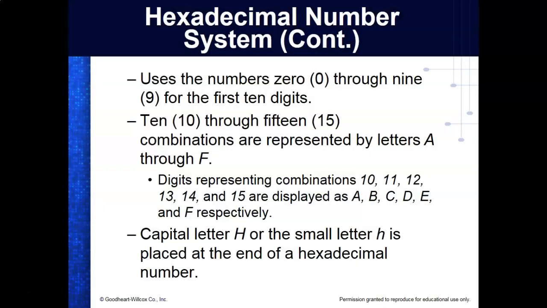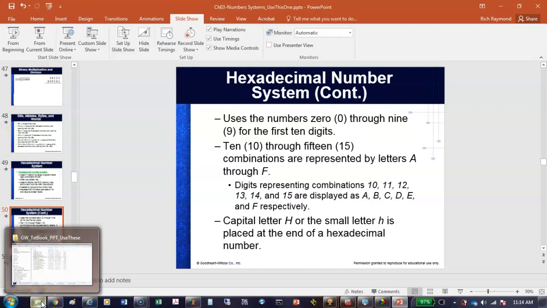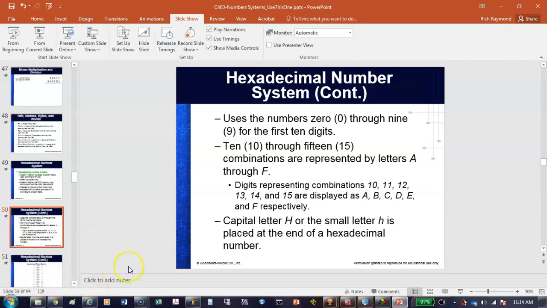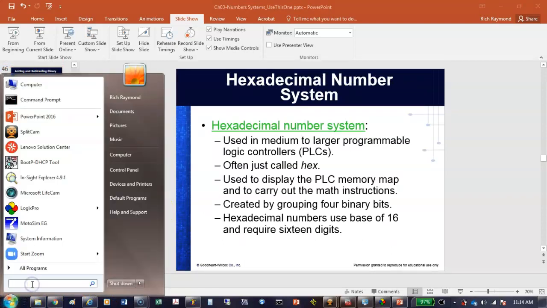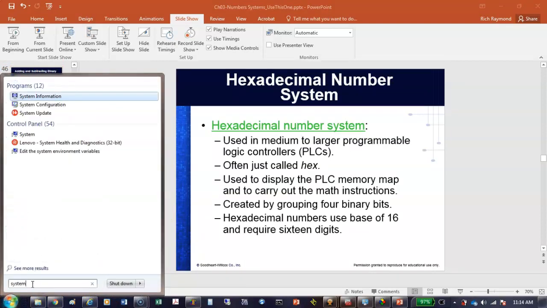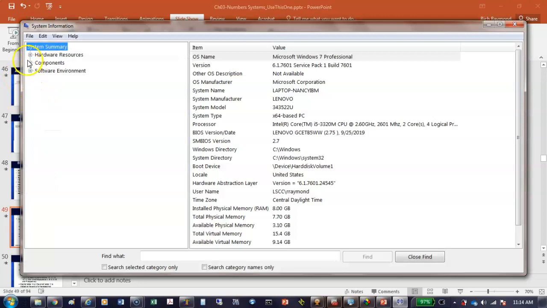And we can actually see this in a PLC. So what are our digits? Our digits are 0 through 9, and then it goes A, B, C, D, E, and F. So these are the addresses.